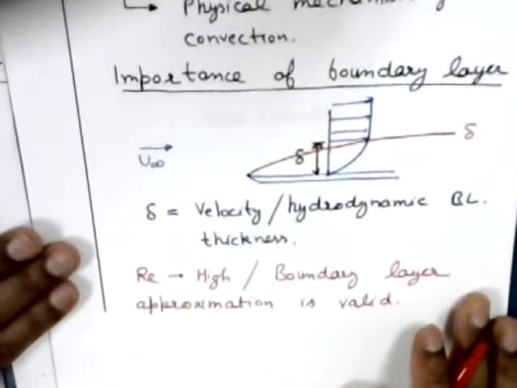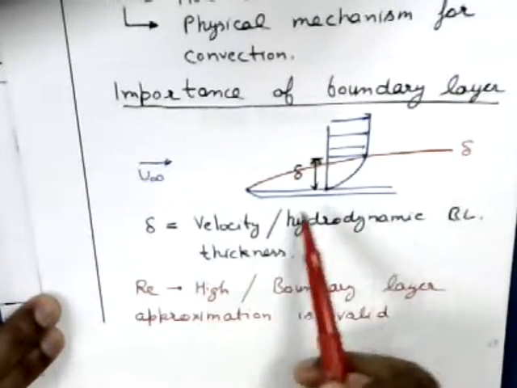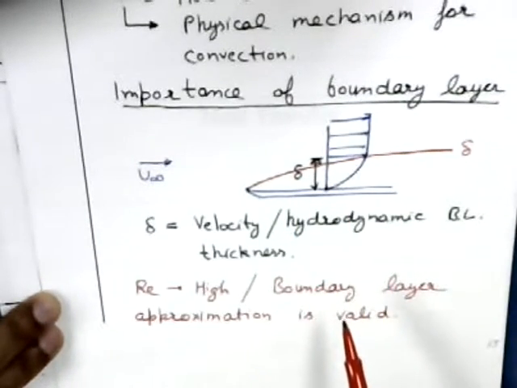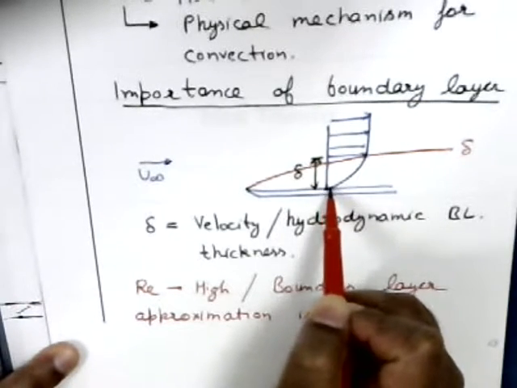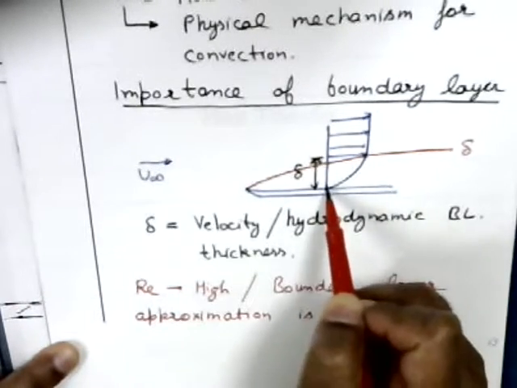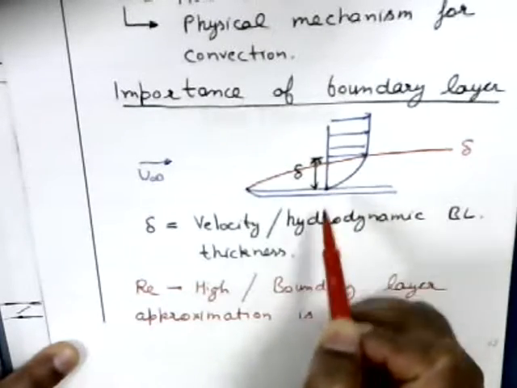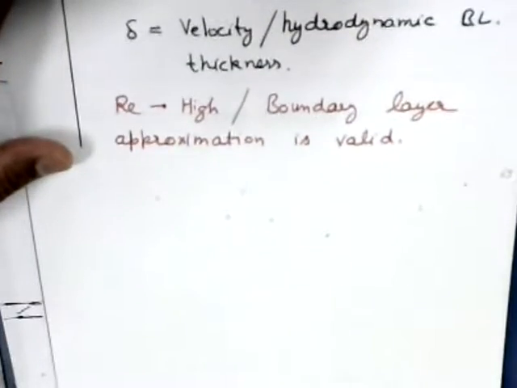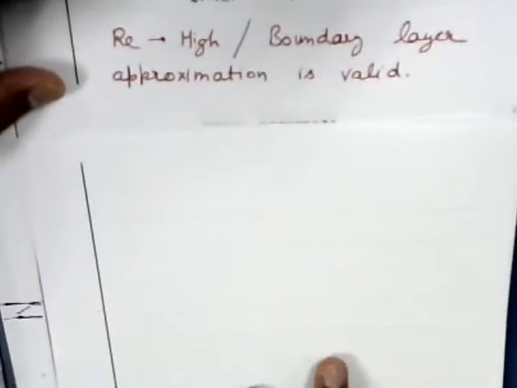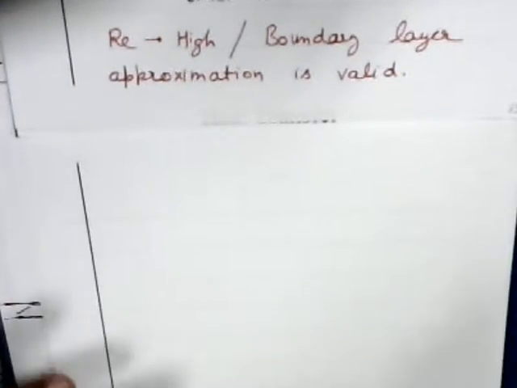But the importance of boundary layer from the fluid mechanics point of view is the shear stress at the surface, the shear stress right here. It depends on the velocity gradient at the wall. So the expression for that is given as follows.